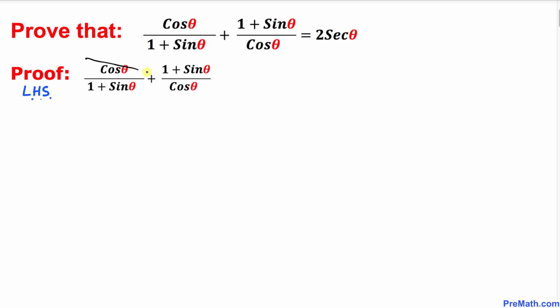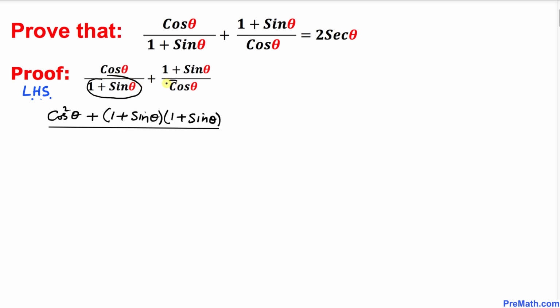So we're going to do this way first. Cosine theta times cosine theta is going to become cosine square of theta. And then whatever this sign plus sign is, I am going to put down this plus sign, and then we're going to go the other way around and multiply 1 plus sine theta times 1 plus sine of theta on the numerator, and then divided by, we are going to multiply these two denominators.